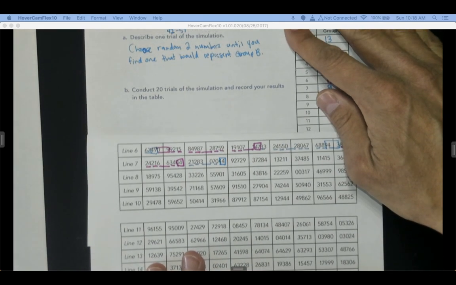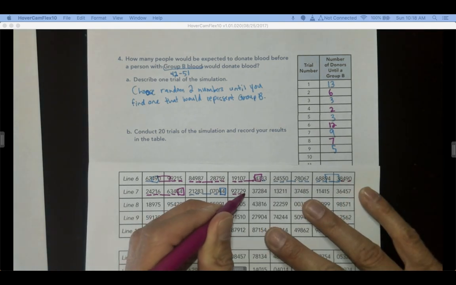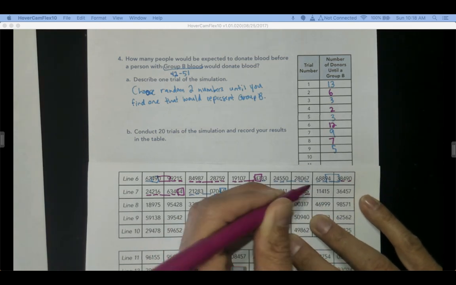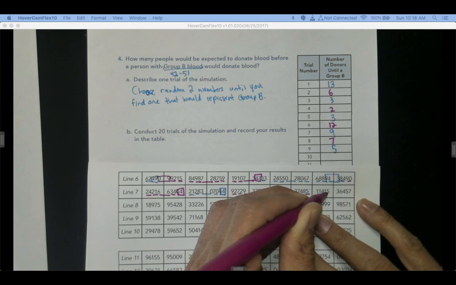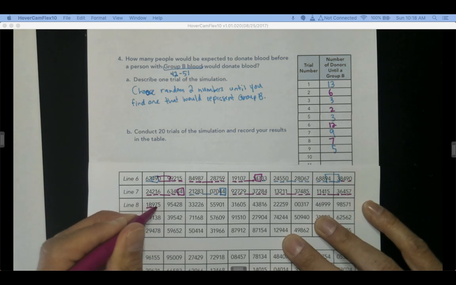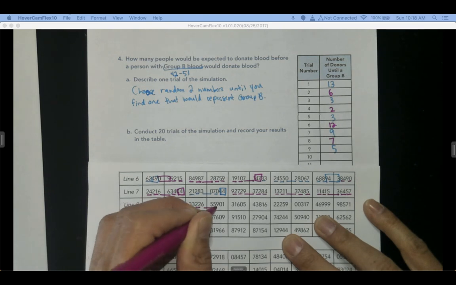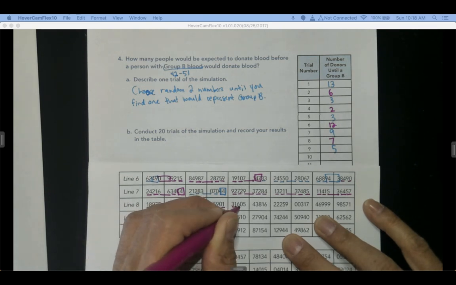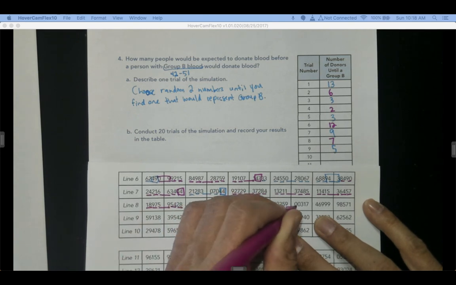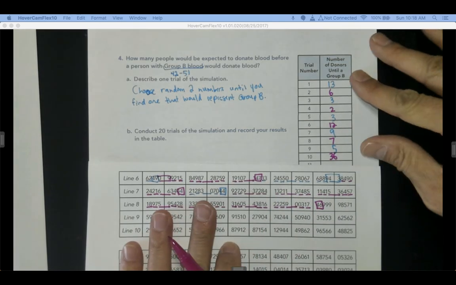Almost halfway there. 1, 2, 3, 4, 5, 6, 7, 8, 9, 10, 11, 12, 13, 14, 15, 16, 17, 18, 19, 20, 21, 22, 23, 24, 25, 26, holy cow, 27, 28, 29, 30, 31, 32, 33, 34, 35, 36, till we got to a group B.